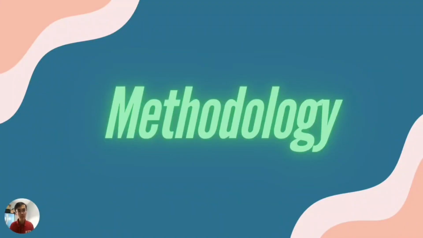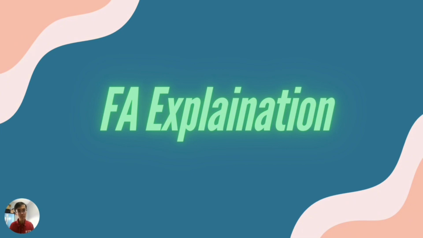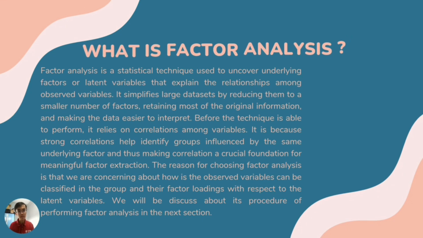Now I will be talking about methodologies. Our group is going to use factor analysis for our data. So what is FA? FA is a statistical technique used to uncover underlying factors that explain the relationships among observed variables. It helps to simplify large datasets into a smaller number of factors, making the data easier to interpret.